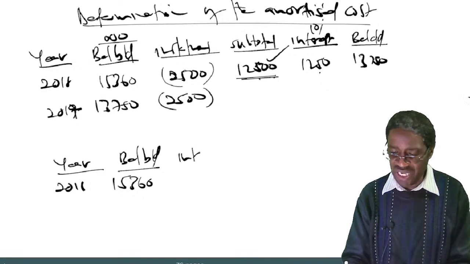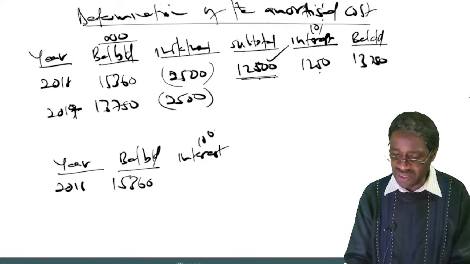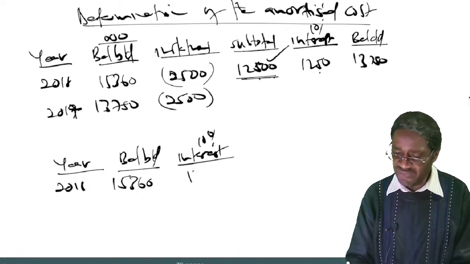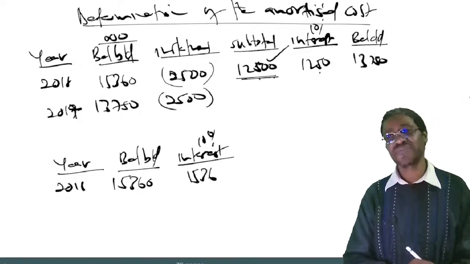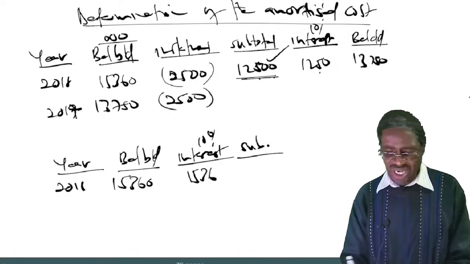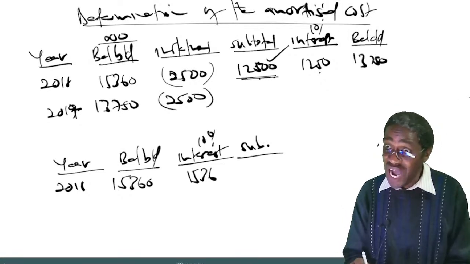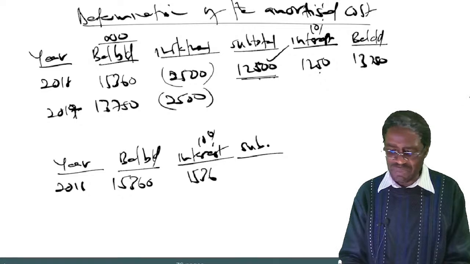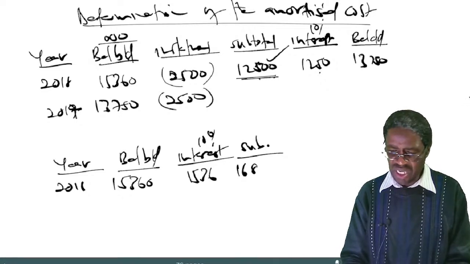You come and charge interest. 10% of 15,360 is 1,536. Then you get the subtotal, which comes to something like 16,896.